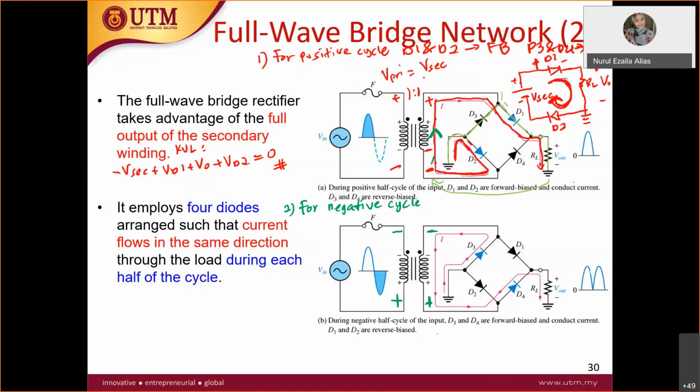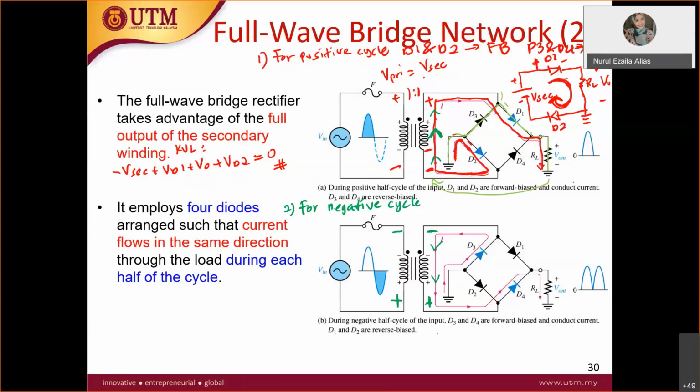So this is the method. You know that the current direction must be in this way, from the voltage input to the output. That is your mission. So let's start from here.